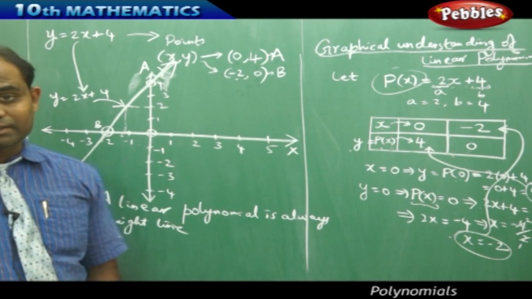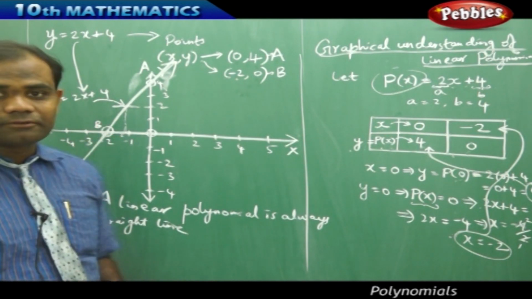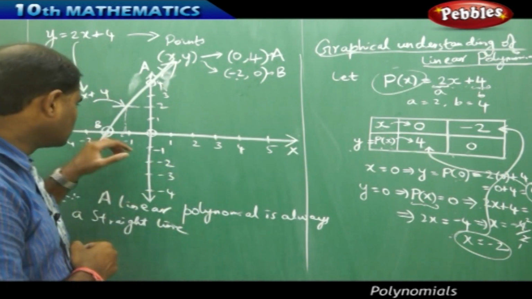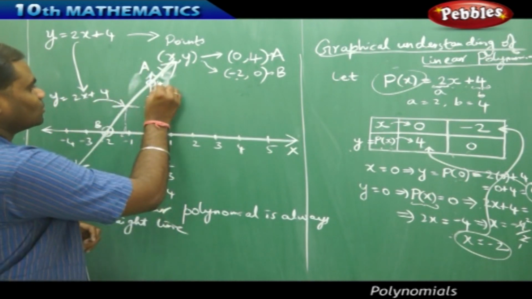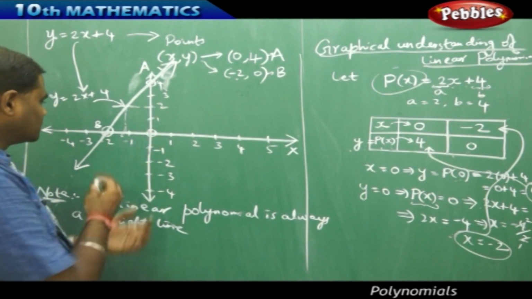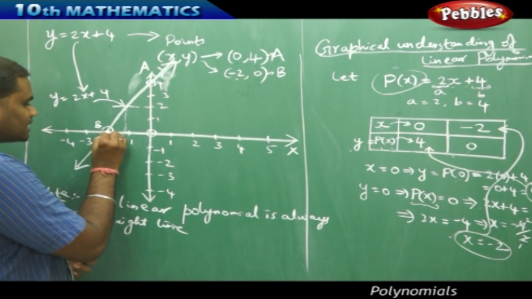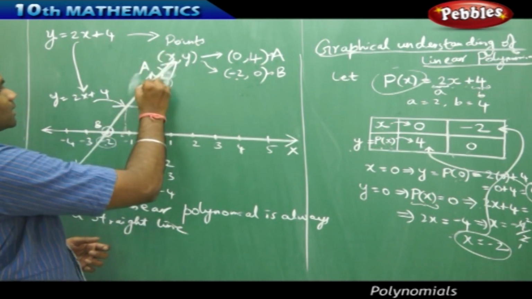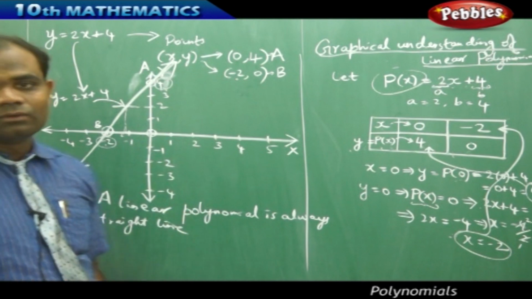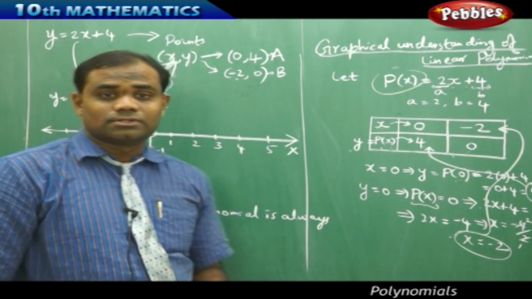And the point at which the line cuts the x-axis is called the x-intercept, and the point where the line cuts the y-axis is called the y-intercept. In this case, -2 is the x-intercept because this line cuts the x-axis at -2, and 4 is the y-intercept because this line cuts the y-axis at 4. This is how I understand the x and y-intercept concept using the line.